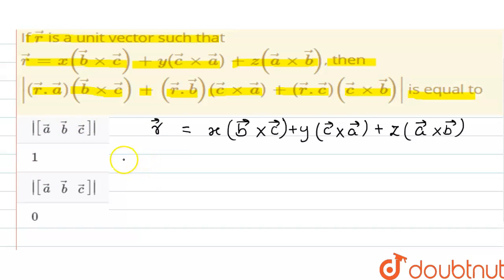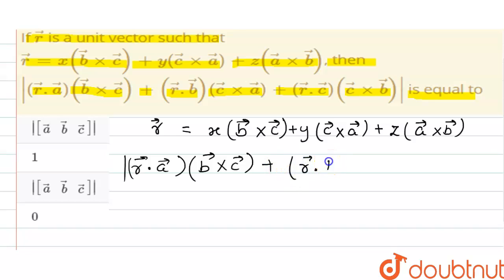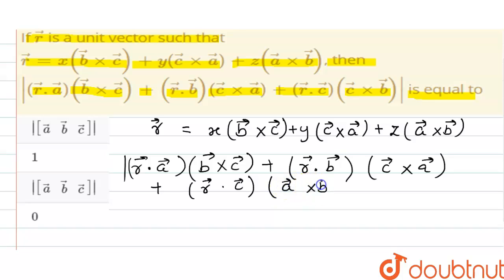Then mod of R vector dot A vector multiplied by V vector into C vector, plus R dot V vector, C vector multiplied by A vector, plus R vector dot C vector, then A vector multiplied by V vector.